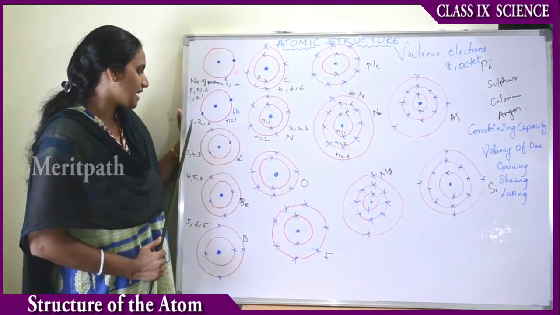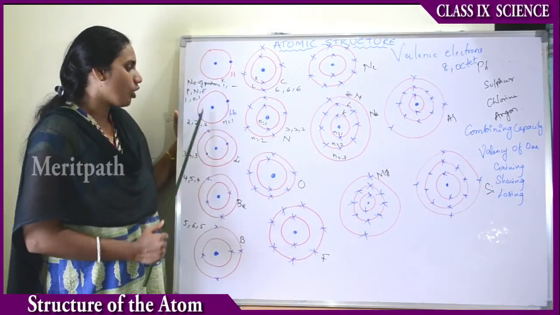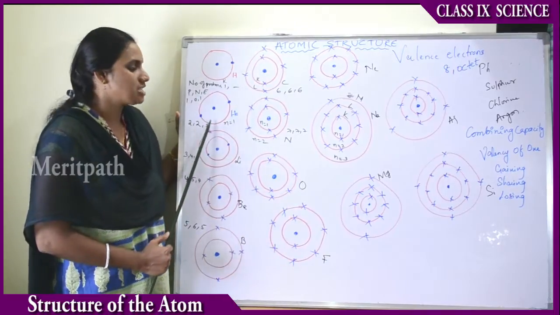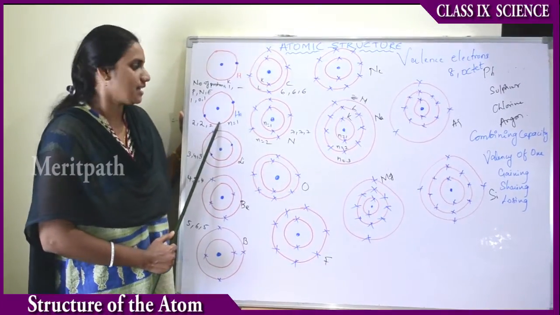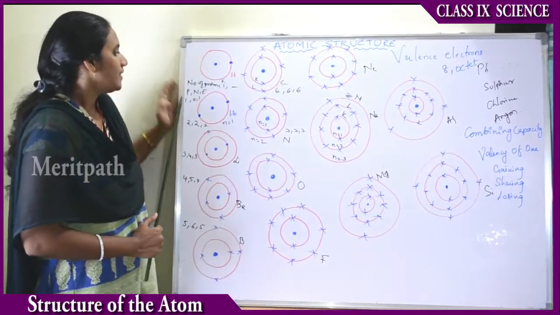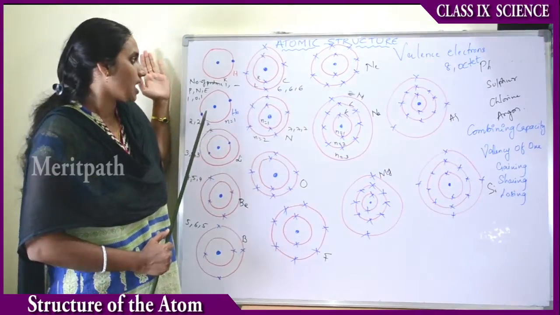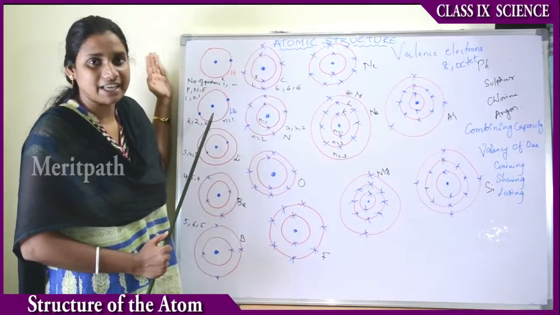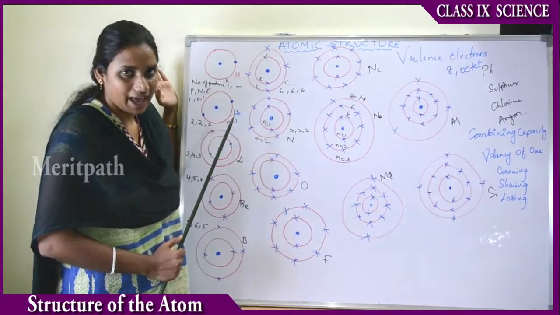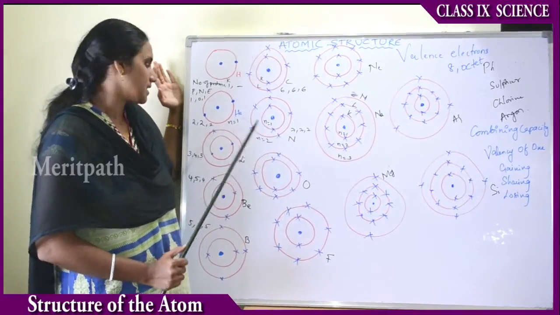It is known as an inert gas because the orbit or shell is completely filled up with the maximum number of electrons. The number of neutrons for hydrogen is 0, because hydrogen is the only element which does not have neutrons.